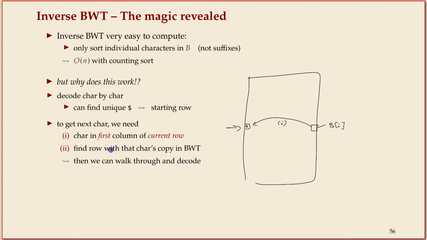And then we want to find where in the BWT this A occurs, because there's some other cyclic shift where just one A is shifted over so that this is occurring somewhere. And we need a way to find that. If we can do these two steps, then we can jump character by character through the BWT and decode. And indeed, that is what this pointer following did in disguise.